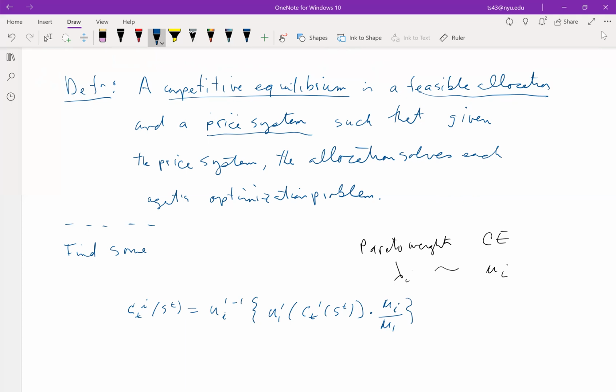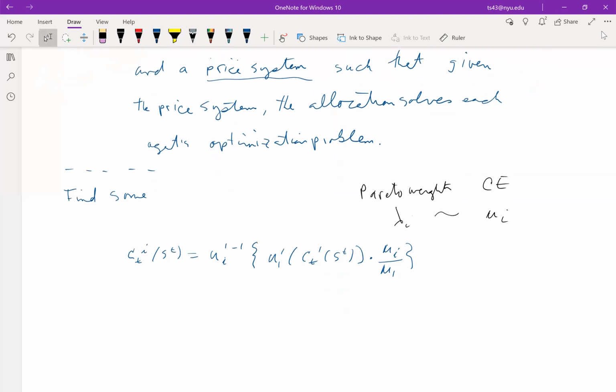So with this formula, we can now get one equation to solve. So we're now going to substitute this into the feasibility condition.